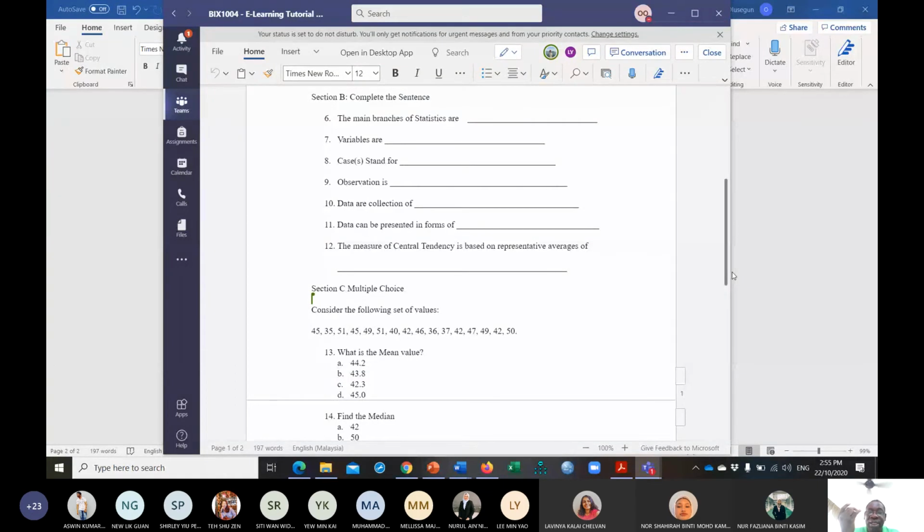The measure of central tendency is based on representative averages of what? Data set. What else? Mean. Yes, go on. Median.